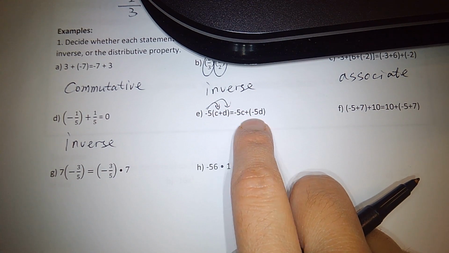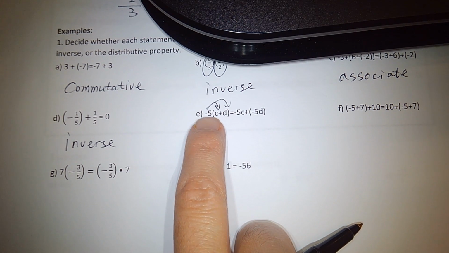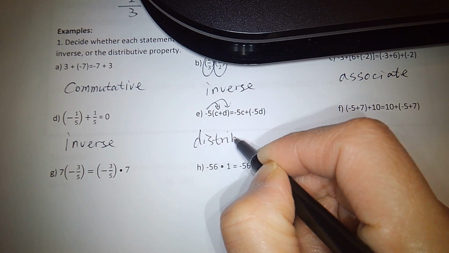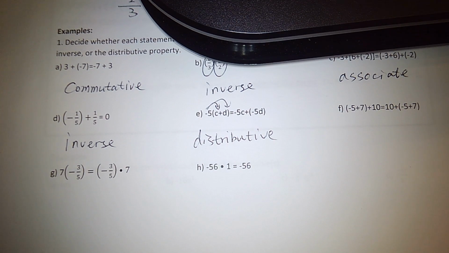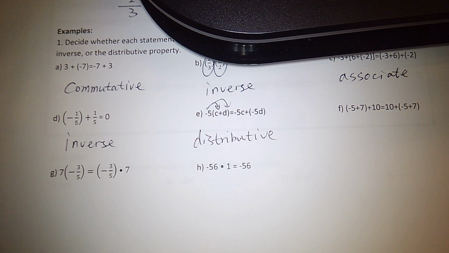Or plus negative 5D. What property? It involves both multiplication and addition. Distributive property. Yes, distributive property. What is this one? Addition. Careful.